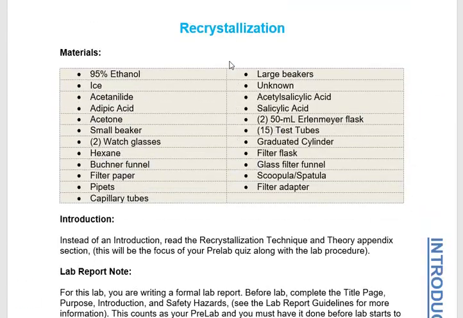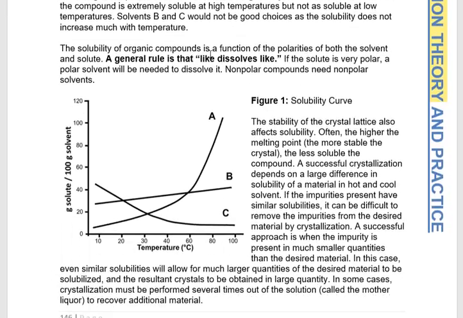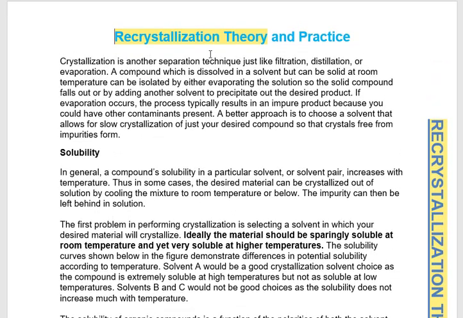But then there is another part you need to read through, which is the recrystallization theory and practice. That should be somewhere around page 140, towards the back of your manual. I'm going to go over both of these fairly quickly.